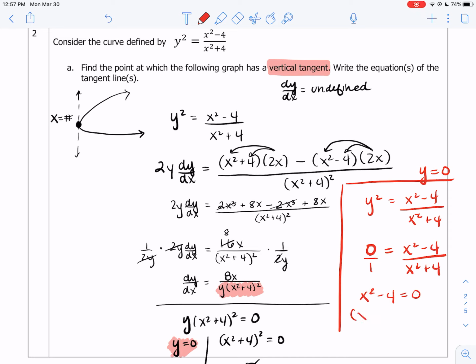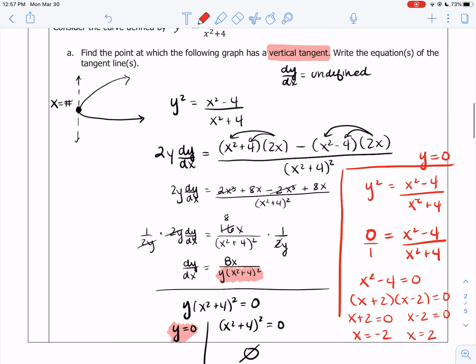If we factor here, x plus 2, x minus 2 equals 0, and then we have x plus 2 equals 0, x minus 2 equals 0, and x will equal negative 2, and x is equal to positive 2.